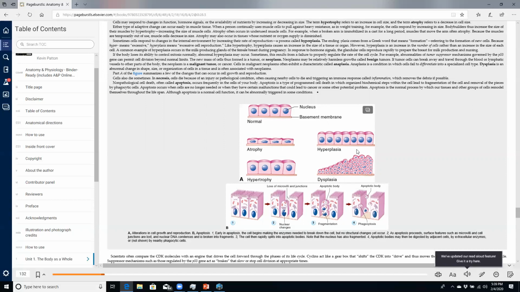And then if a cell changes its shape or size or the type of cell that it is in response to some sort of stressor, we call that dysplasia. And that happens a lot, like for example, cigarette smoke in the respiratory epithelium, so in the bronchi, the epithelium will change from its regular ciliated pseudostratified epithelium to a stratified squamous epithelium.